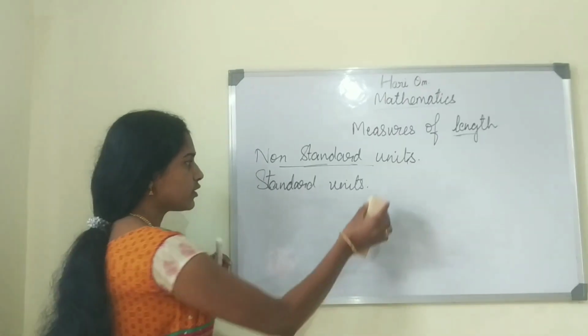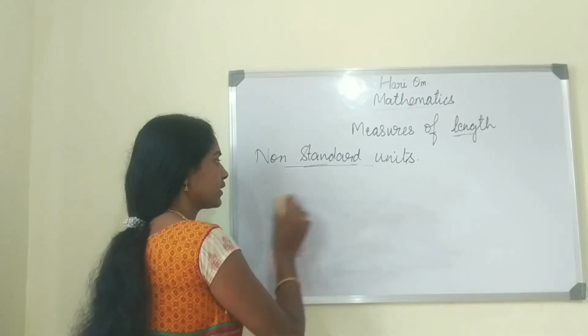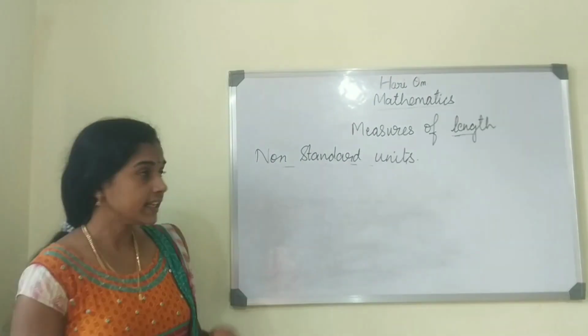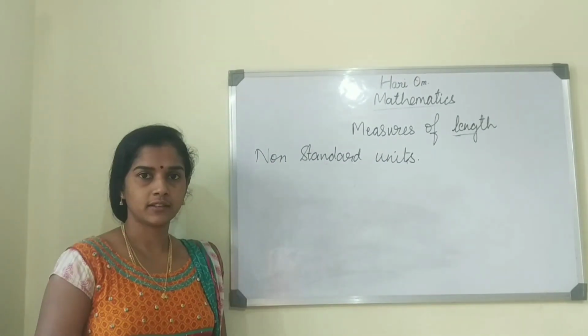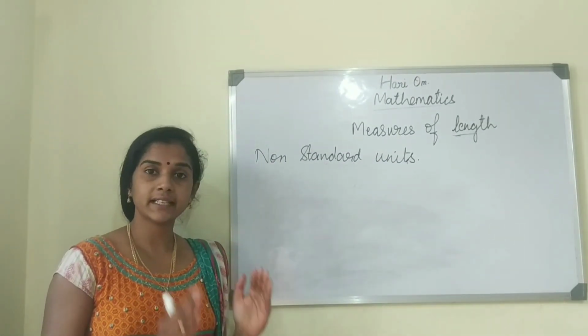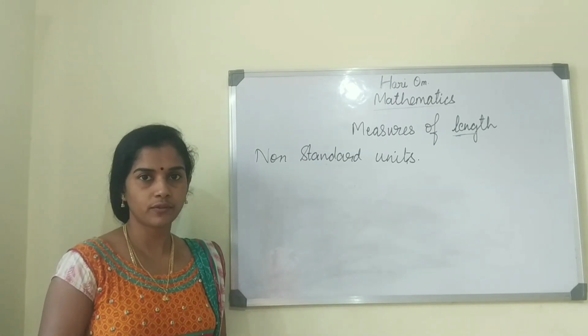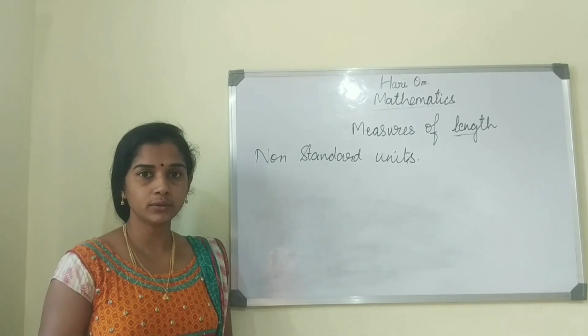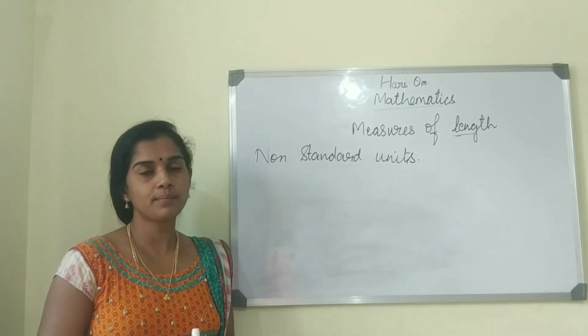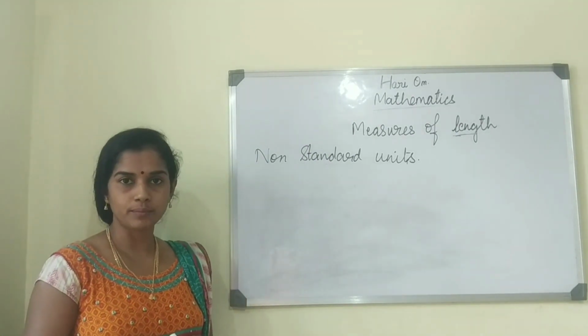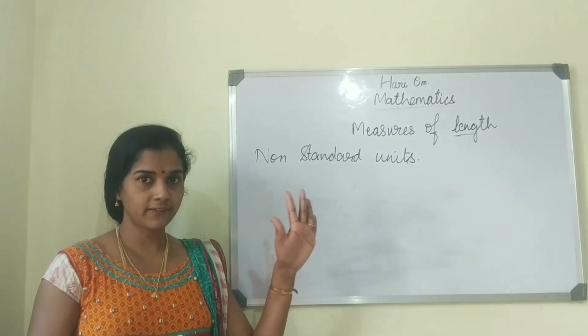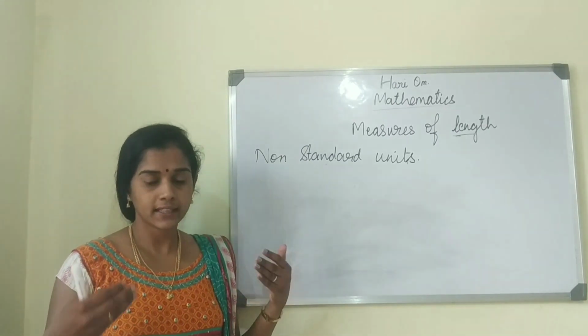So what are non-standard units? In earlier days they didn't have any standard measures to measure the length of an object. So what did they do? They used their body parts to measure the object, like their fingers, their hands, their legs.